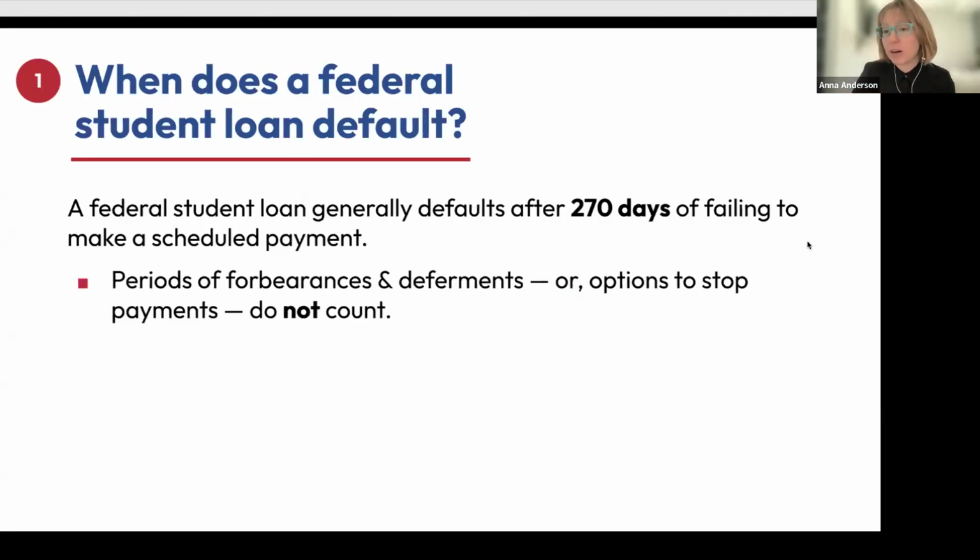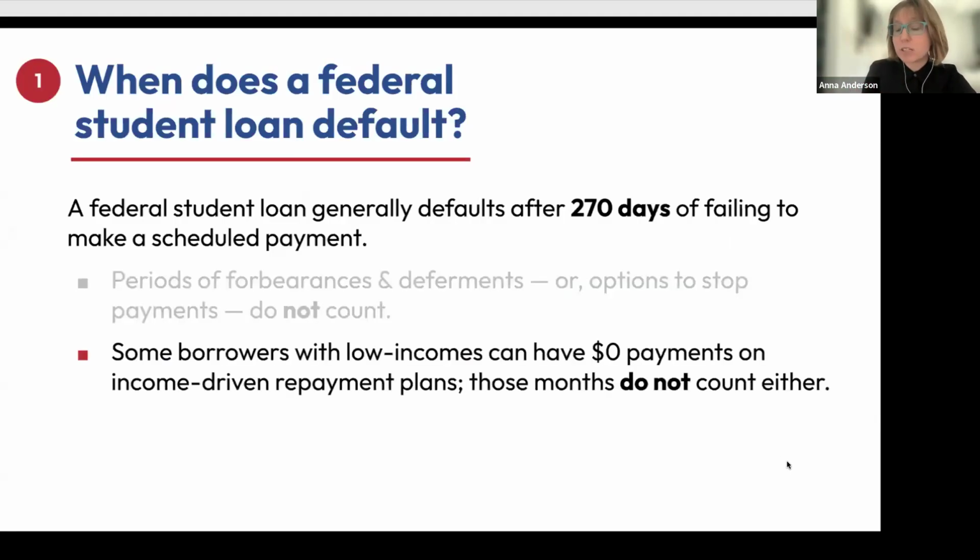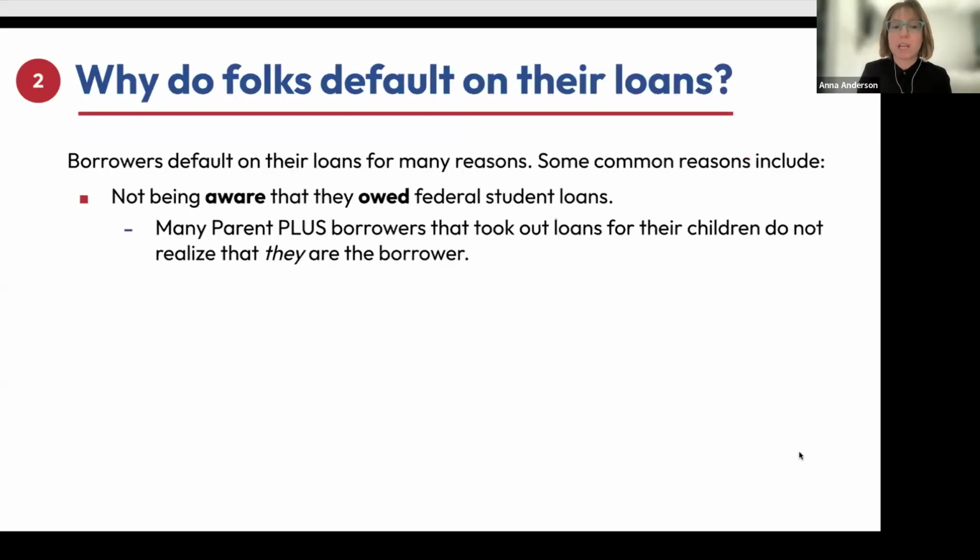So if you're in a forbearance or a deferment, you pause your payments temporarily, that will not count in terms of adding up to missing payments and being considered potentially in default. Additionally, if you're on an income-driven repayment plan, or an IDR plan, and your payment is actually $0 per month, that also is considered a payment technically, and those months of $0 payments don't count towards this timeline of 270 days to fall behind and be considered to be in default.